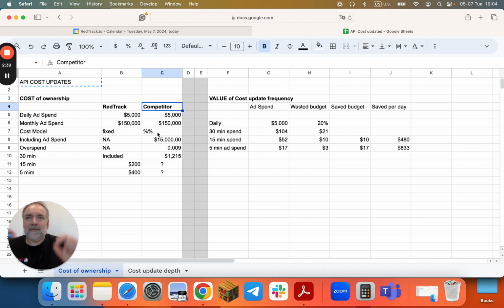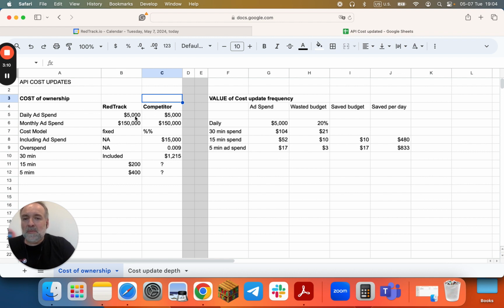They have part of the ad spend included, and that's just 15K. Literally, when you pay hundreds of dollars per month on ad tracking, you're probably not spending 15K per month on ads, so this number is just a placeholder. And then you pay a minuscule percentage, less than 1% of your ad spend.